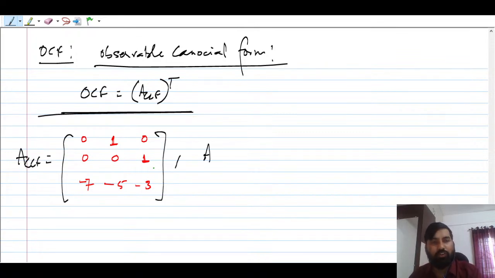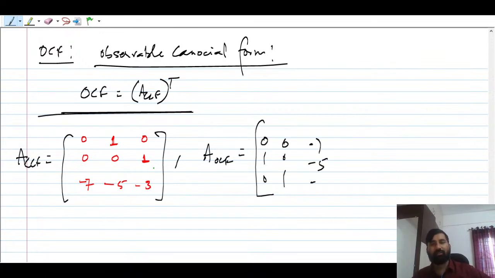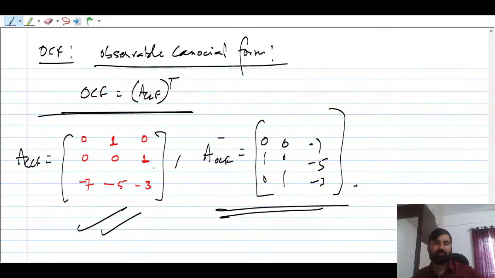Now you want to find OCF. What will you do? You have to interchange now. So 0 1 0 you put here, 0 0 1, -7 -5 -3, like this. The order is going to be the same, but what is this A OCF? A OCF is nothing but the transpose of A CCF.